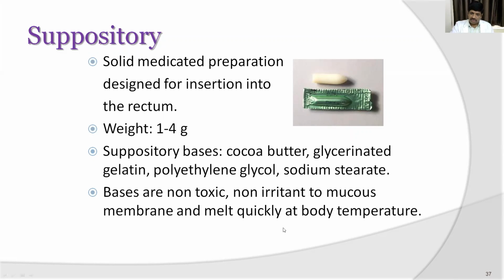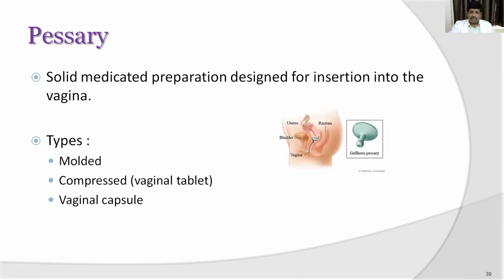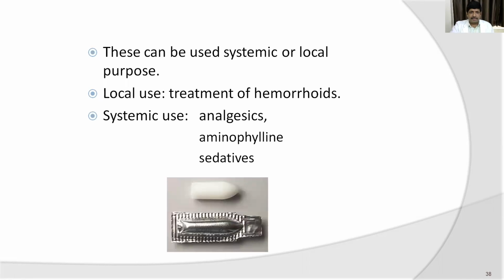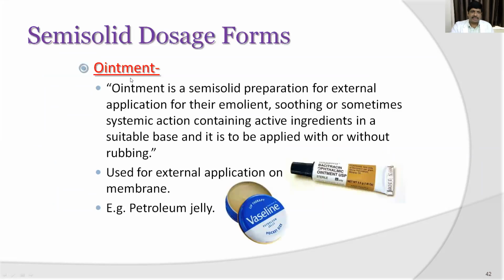They should be non-toxic and non-irritant to the mucous membrane, otherwise the patient will be in deep trouble. They can be used for systemic or local purposes, and are especially good for children who cannot take the drug easily through mouth or injection. Then there is a solid medicated preparation designed for insertion into the vagina, known as pessaries.